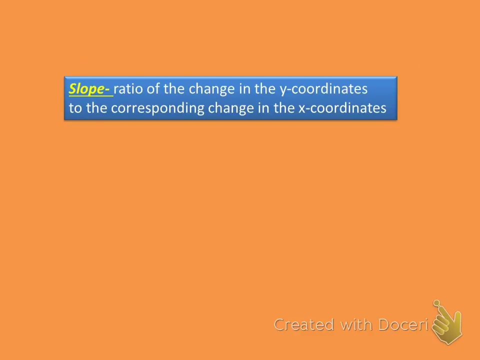Moving on to slope. All right, slope. Notice the definitions will be very similar. There are two phrases that are different in slope's definition versus rate of change. Here we go. Ratio of the change in the y coordinates to the corresponding change in the x coordinates.